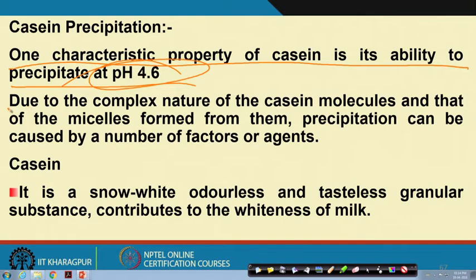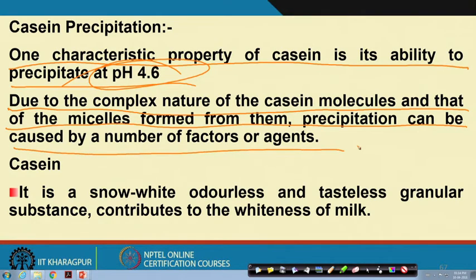Due to the complex nature of the casein molecules and that of the micelle formed from them, precipitation can be caused by a number of factors or agents, right. That is responsible for the precipitation of the casein. Now let us look into the other properties of casein.